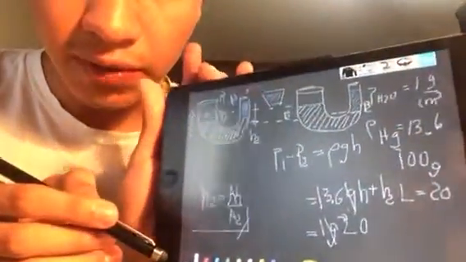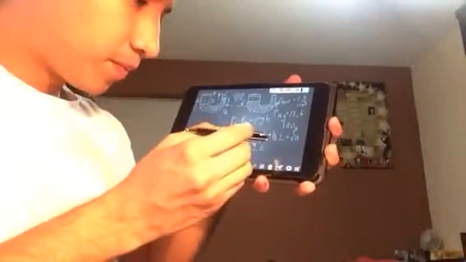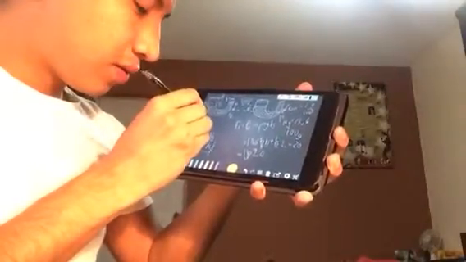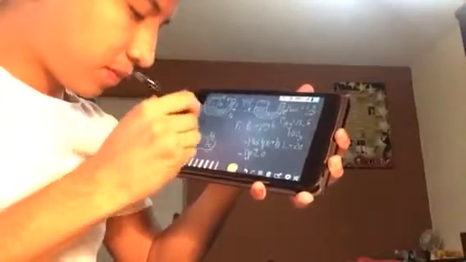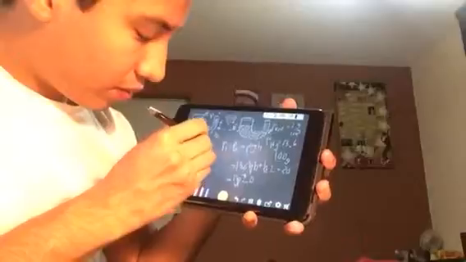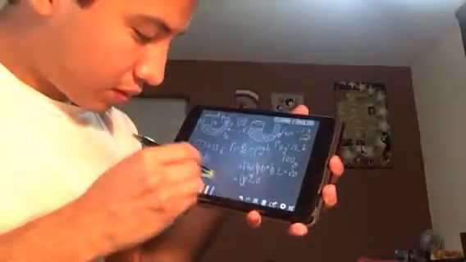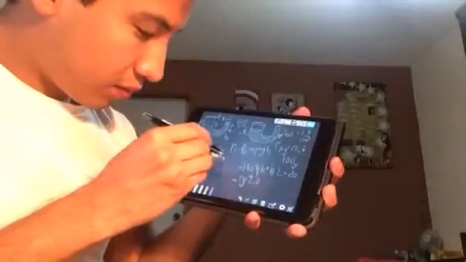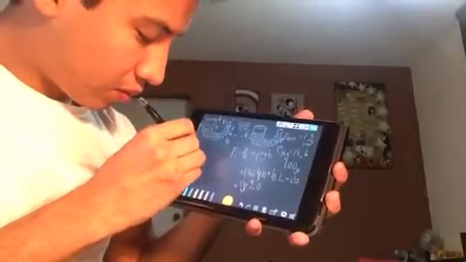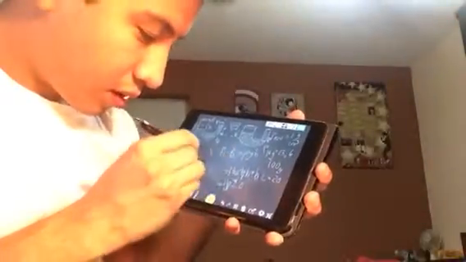So I'm going to rewrite the formula here. 20 would be equal to 13.6 times (h plus h2).